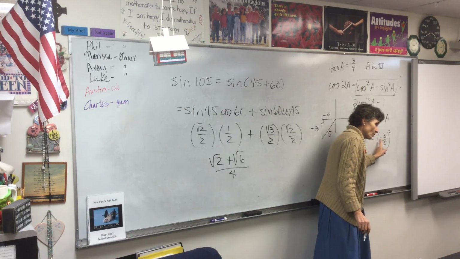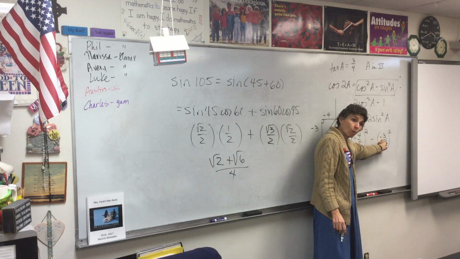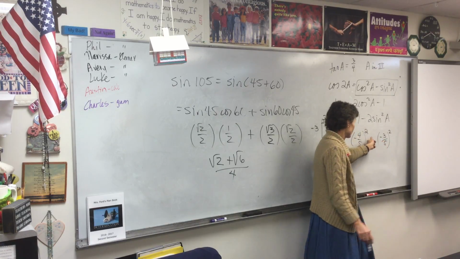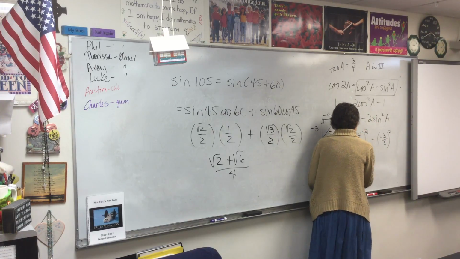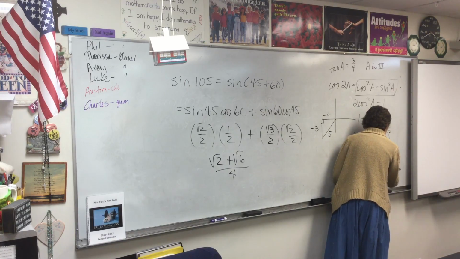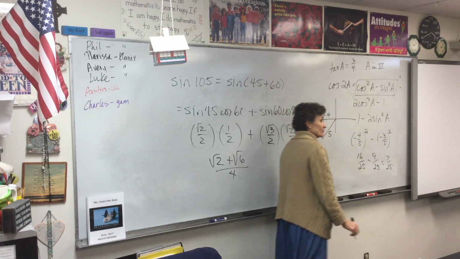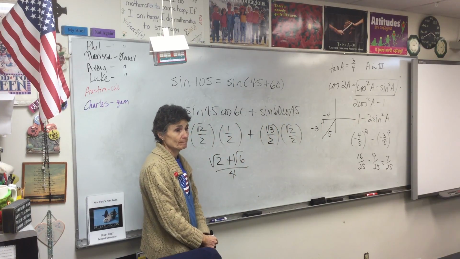Do not cancel these. Why not? Because that one is going to go away because of the squaring. You really have 3 negatives here. So it's going to be 16/25 minus 9/25, which is 7/25. And that's the answer to your question.